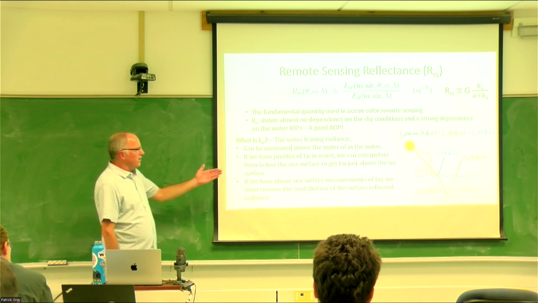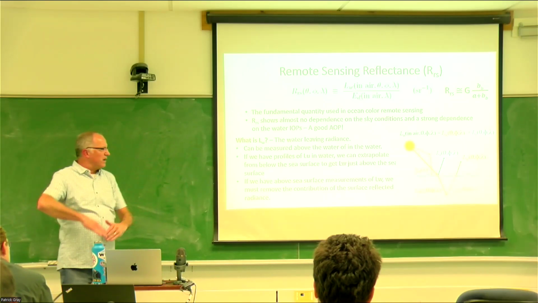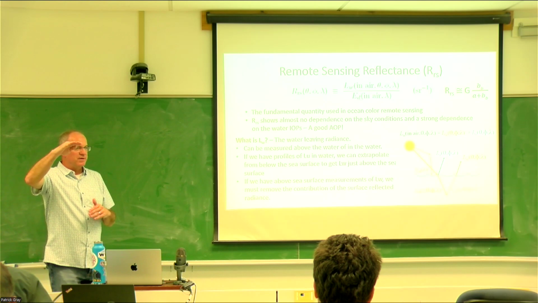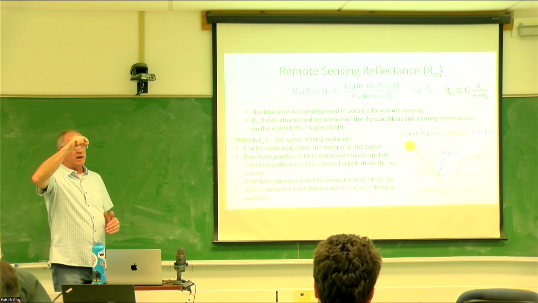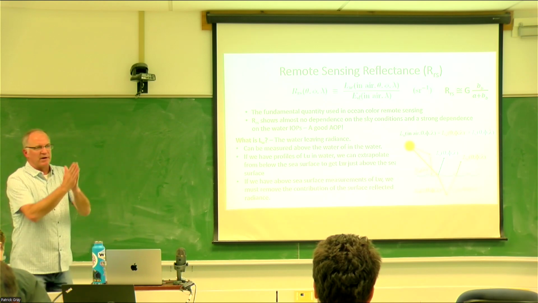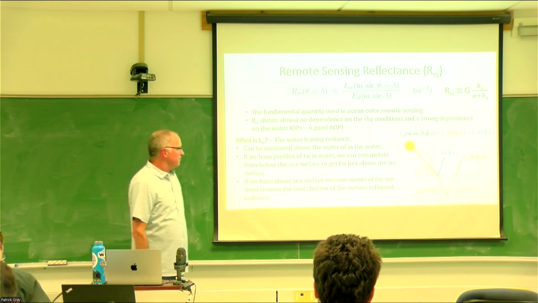So if we have profiles of Lw in the water, we can extrapolate that to just below the sea surface. So it's called 0 minus. Get that just right below the sea surface. Now we have to transmit it through the air-sea interface. We've got to correct for the air-sea transmission.